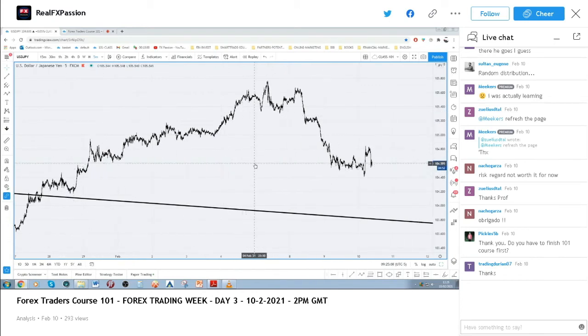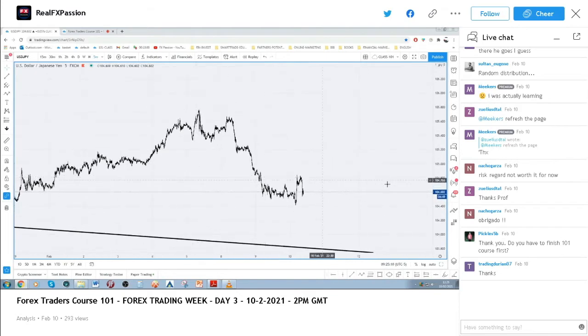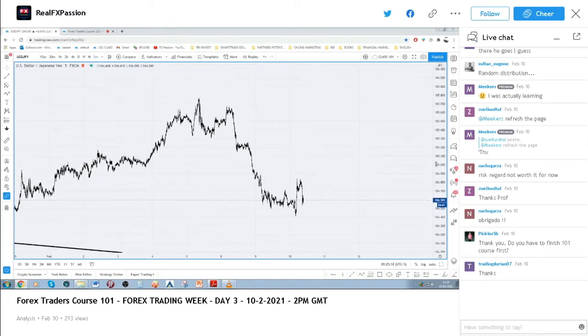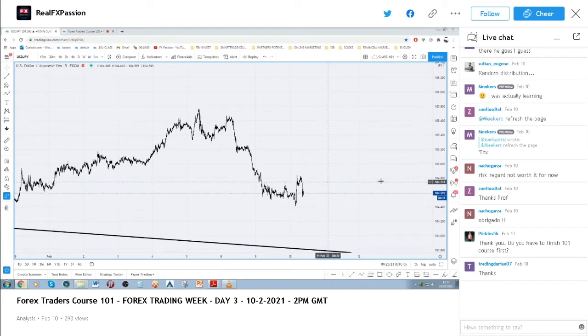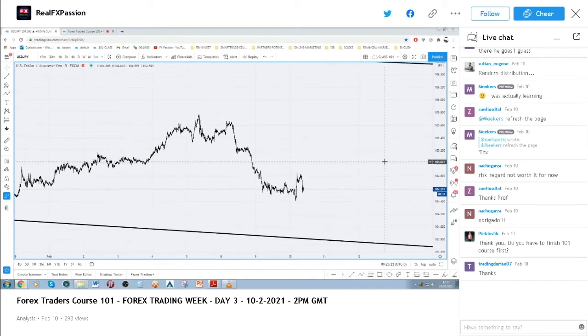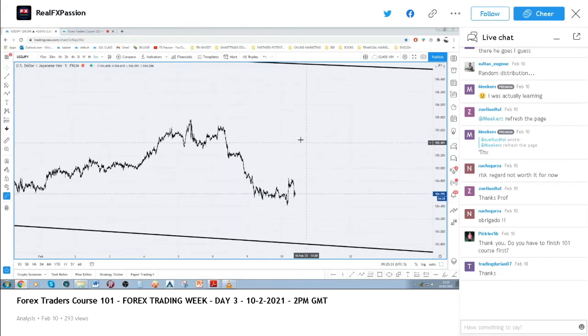Okay. 5-minute chart. Beginner traders, if you are trading from the 5-minute chart, okay, and if you are not a scalper, Mikers, are you a scalper or are you a swing trader, day trader? So if you are a day trader, intraday trader, or swing trader, if you are on the 5-minute chart, which time frame is the confirmation time frame?